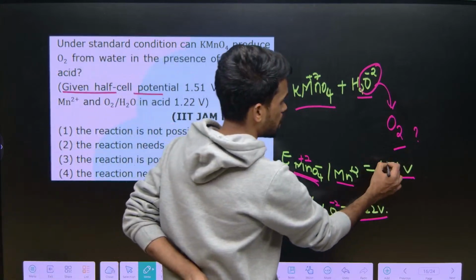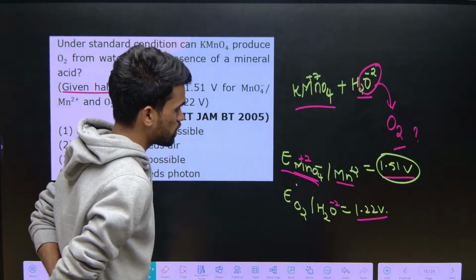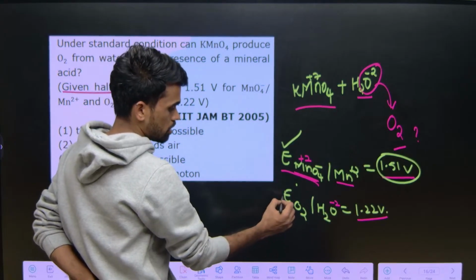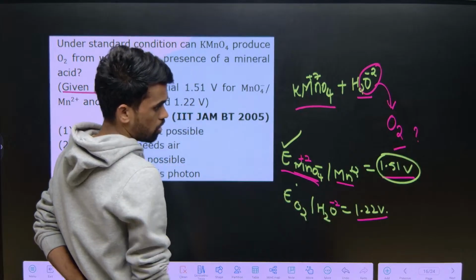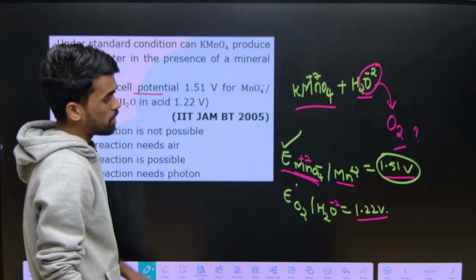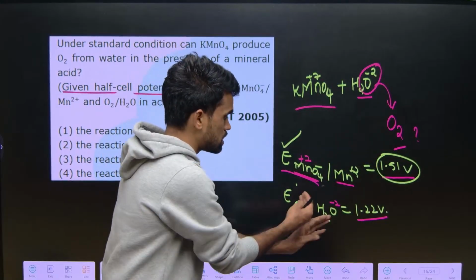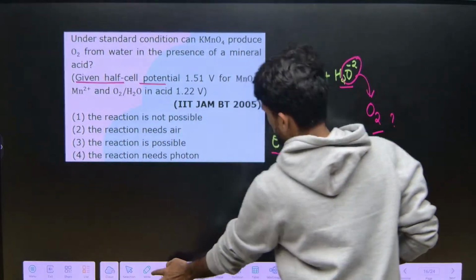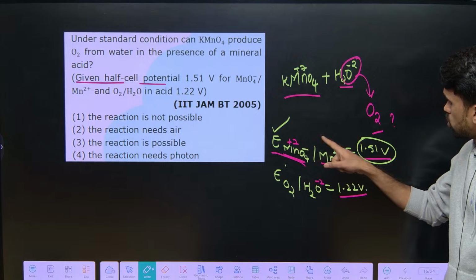How much is it? 1.51. So looking at this value, we can say manganese can undergo reduction and O2 can undergo oxidation. But what they are asking is H2O should be converted into O2, which is the reverse manner. So whether it is possible or not, how can you answer? Mn is undergoing reduction.